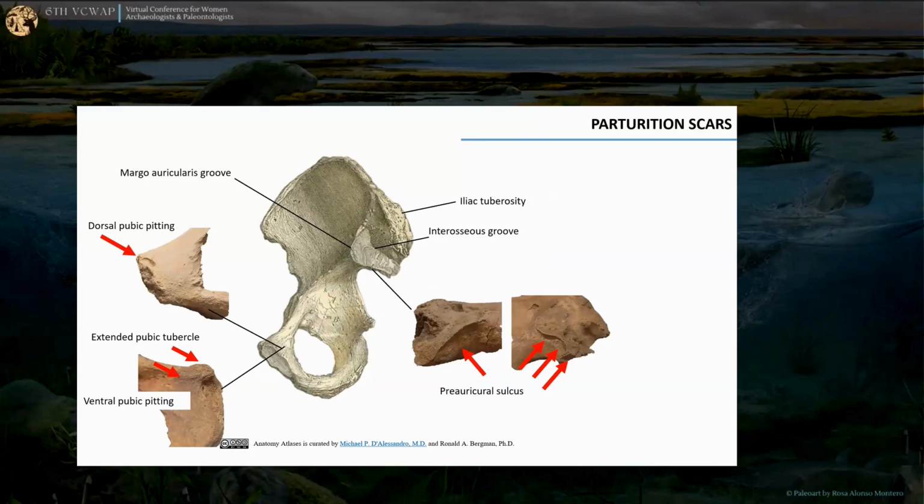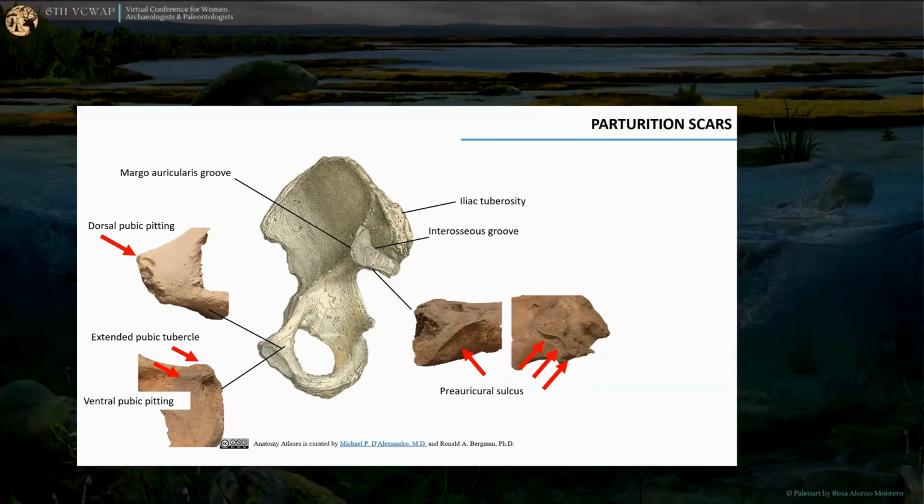For each of them, we don't only evaluate presence or absence, but also the degree of expression, because we found that it's most important. We used all the published methods for recording, favoring those that describe more degrees whenever possible.